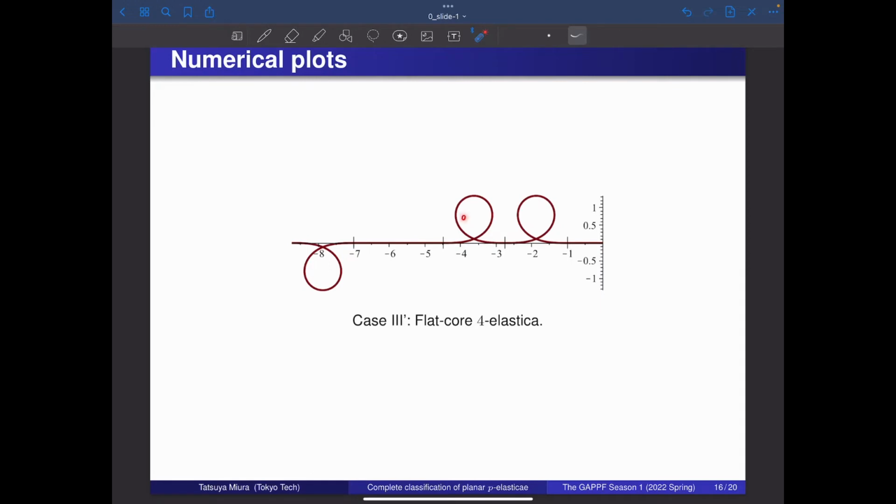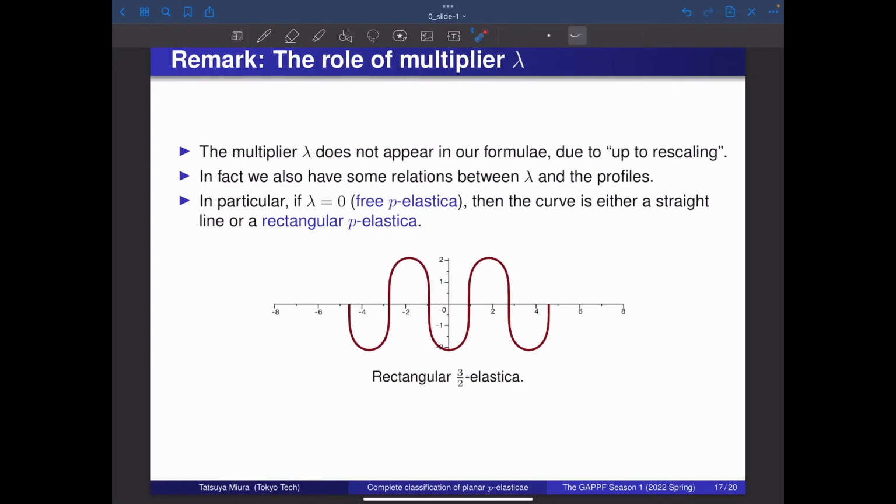So for example, you can move this loop here, or maybe you can reflect this loop here. But the sizes of the loops must be the same. So this is one important rigidity here. And these are numerical plots.